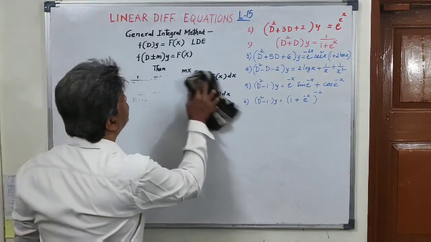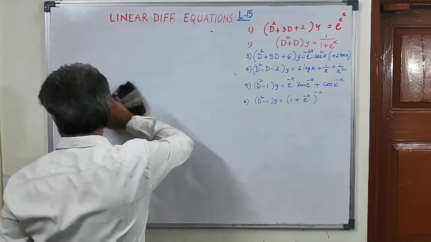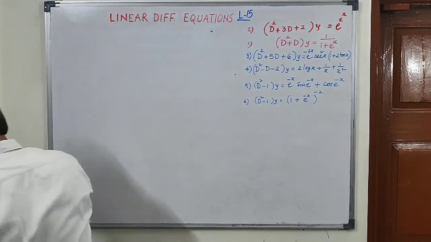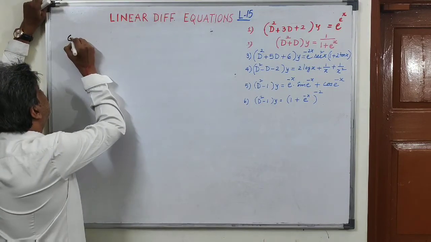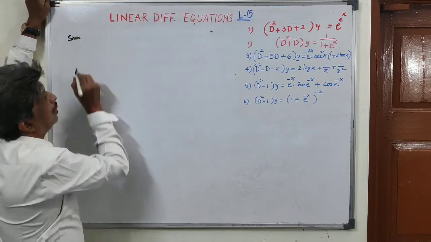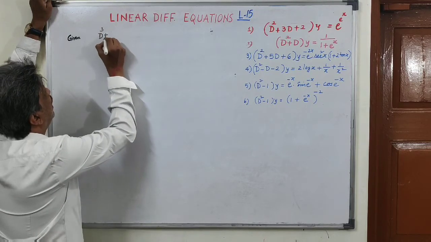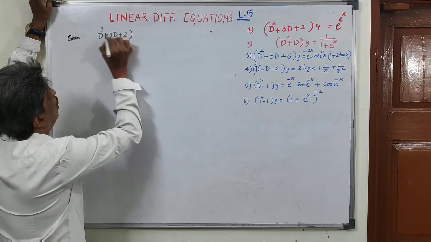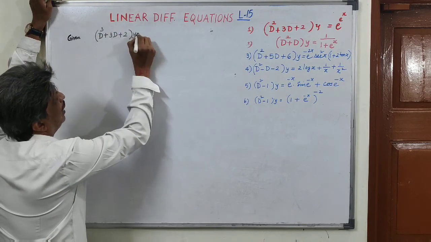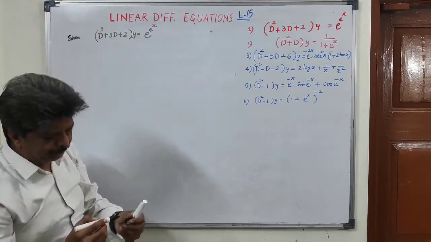Let us take on the first one. Given: D square plus 3D plus 2 operating on y is equal to e raised to power x.